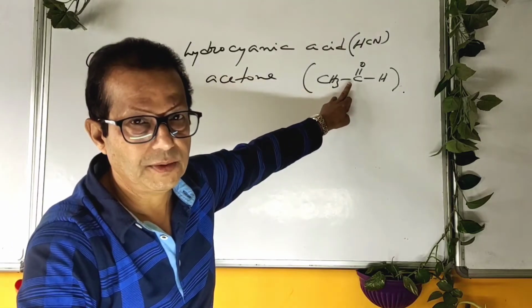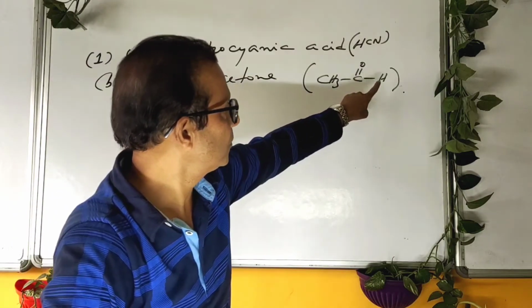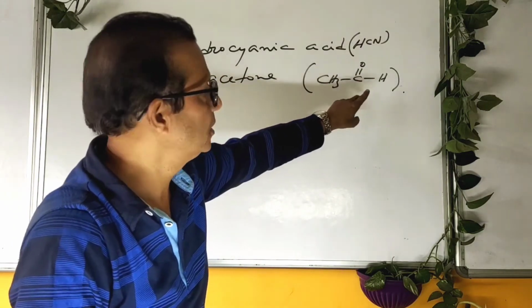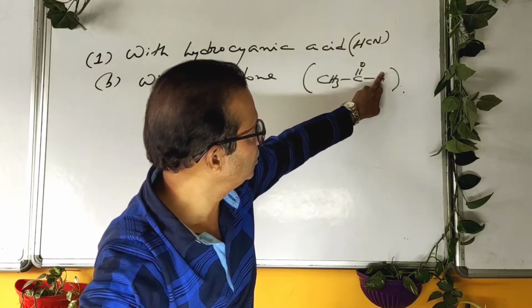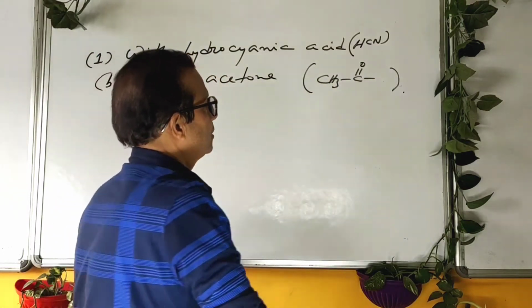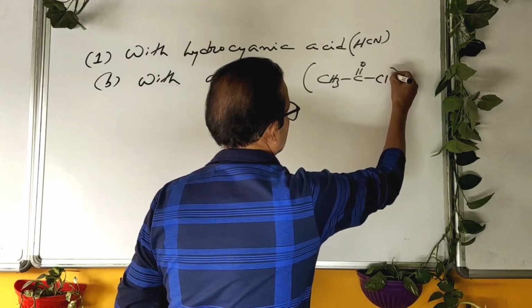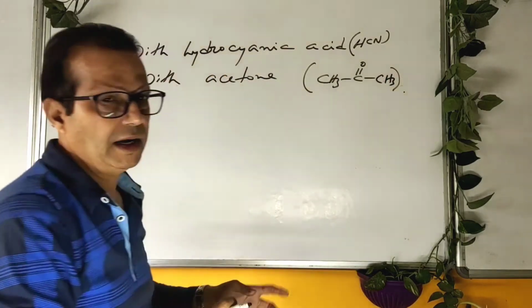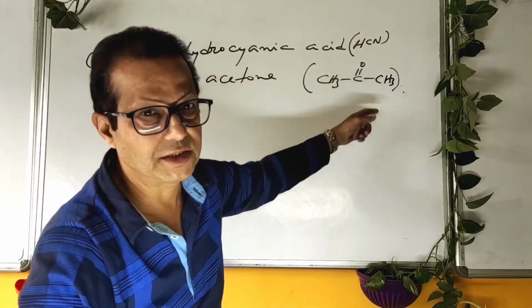How to draw the structure of acetone? Very easy. See, this is acetaldehyde. If you replace this hydrogen by a CH3 group, it becomes acetone.